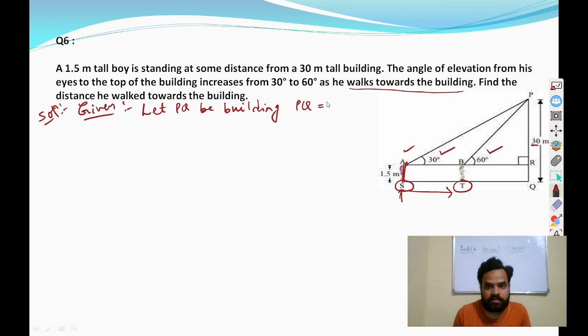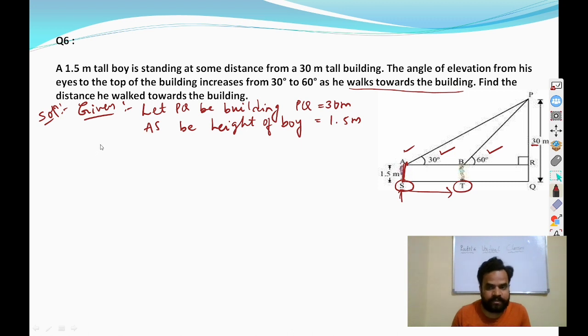Therefore PQ height is how much? 30 meter I will take. And what I will take? AS be the height of the boy, that is 1.5 meter. So all of you observe the figure.